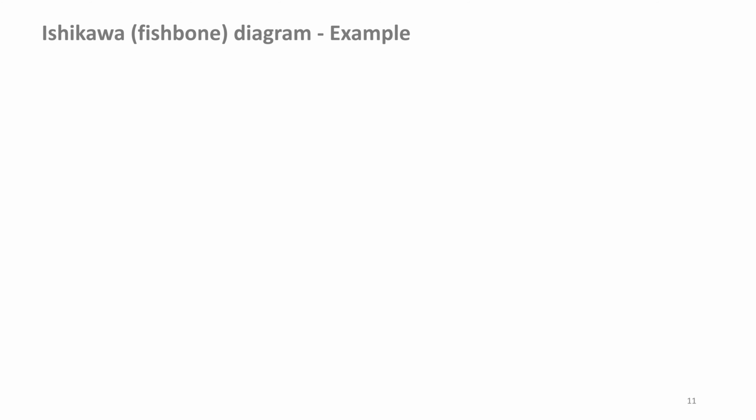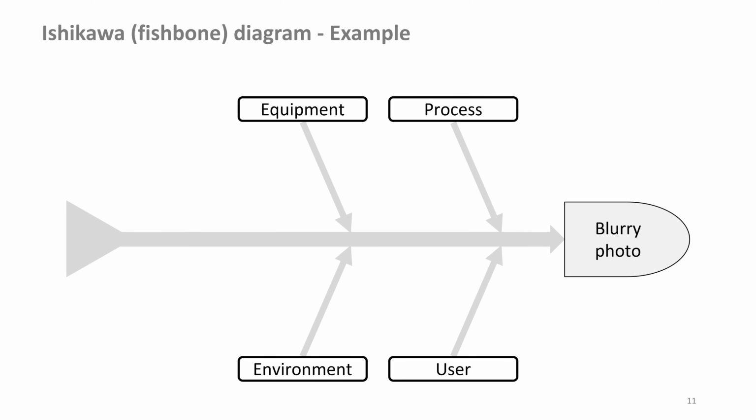Now, what does a filled Ishikawa diagram look like? Here is an example. Our problem is a blurred photo. After we have identified the four main influencing variables: equipment, process, environment, and user, we go into the details.